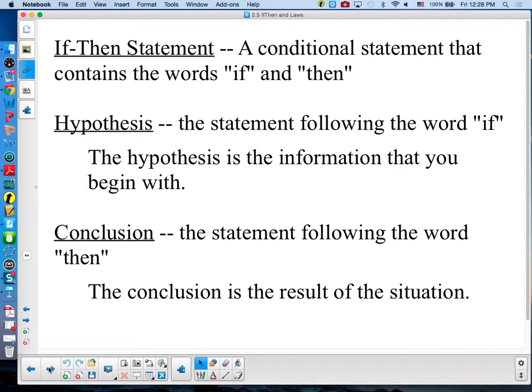Who's got something? If then? Ellie. If today is Monday, then tomorrow is Tuesday. Okay. Hypothesis of what she said? Today is Monday. Conclusion? Tomorrow is Tuesday. Another if-then.